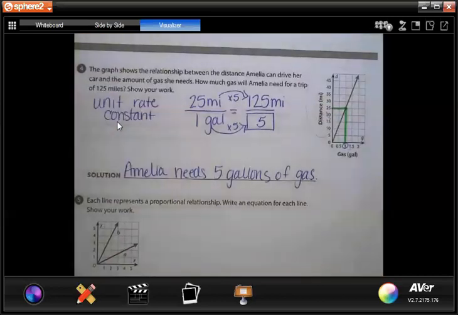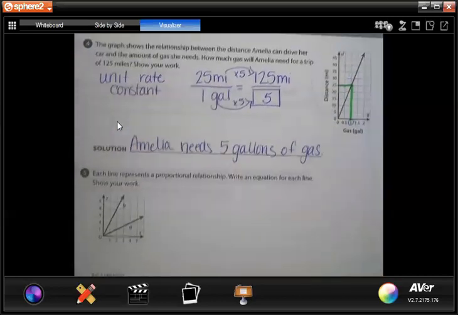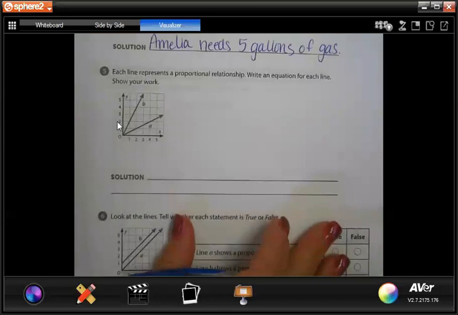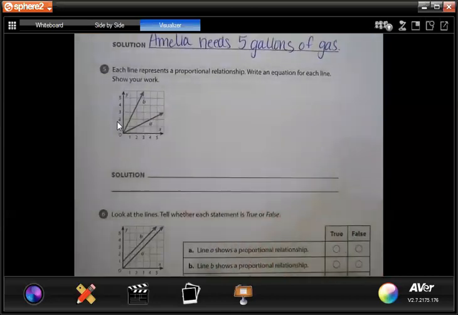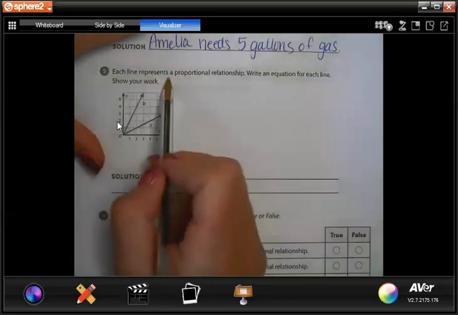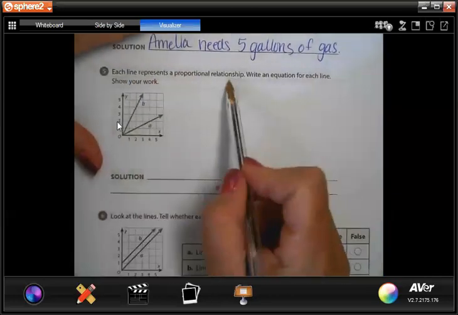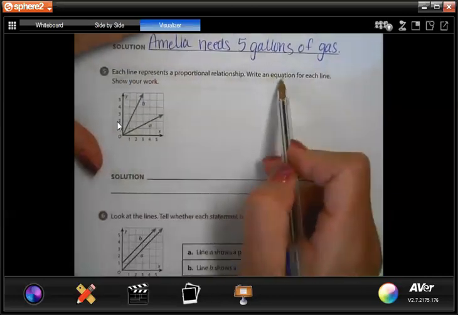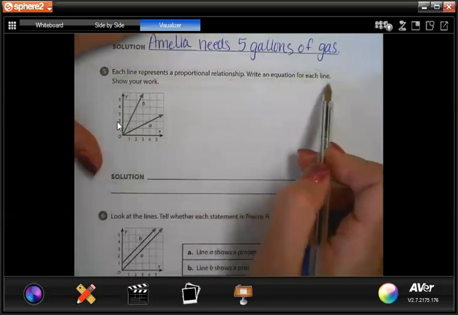All right. Number 5, please pay attention to this. You will have a problem like this to do on your quiz. Number 5, each line represents a proportional relationship. Write an equation for each line.